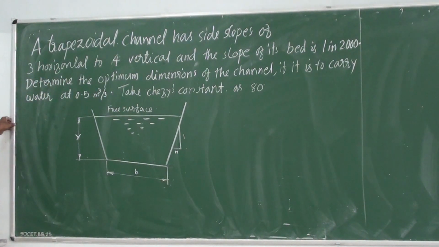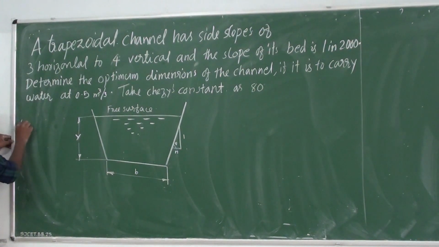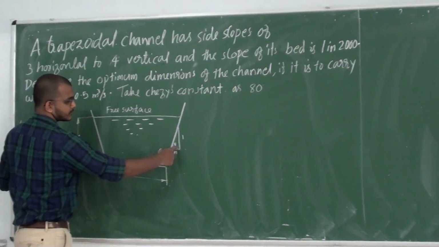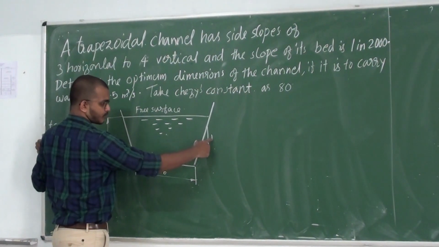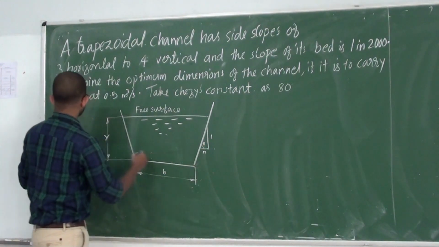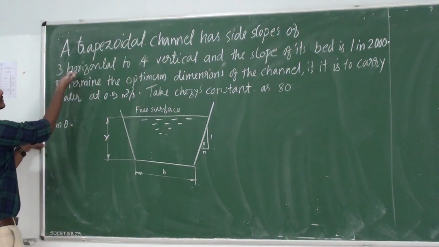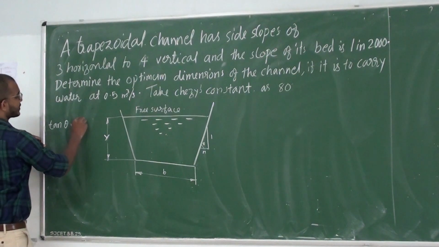Here, for 3 horizontal to 4 vertical, that means the tan theta is, vertical to horizontal, 4 vertical to 3 horizontal. That means tan theta is equal to 4 by 3.